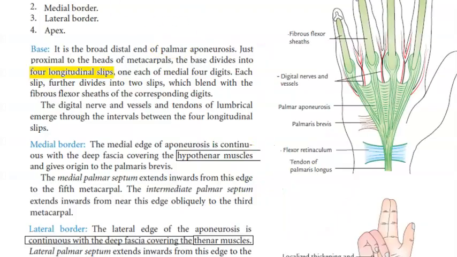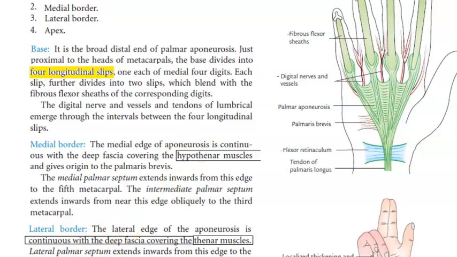So what is there in the base? Four longitudinal slips at the base of each digit, and each of these longitudinal slips divides again into two, something like this. This is what you have to explain. That's more than enough if you explain this at the base of each digit, okay?